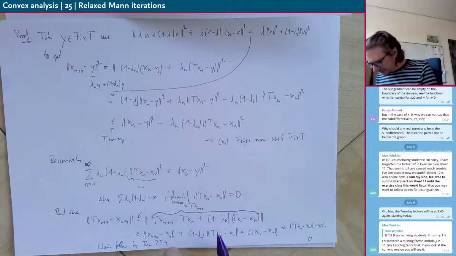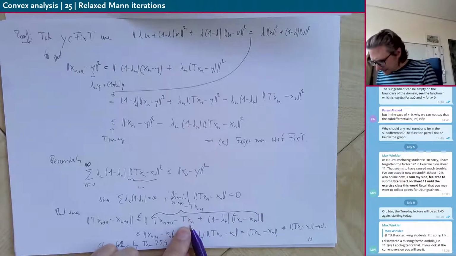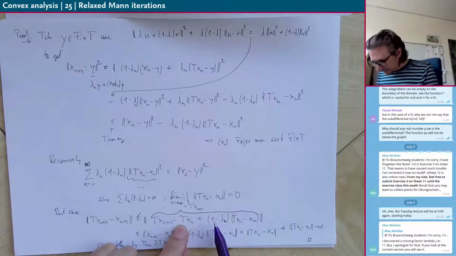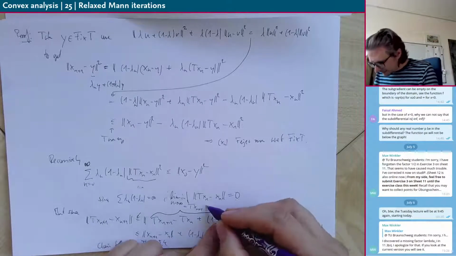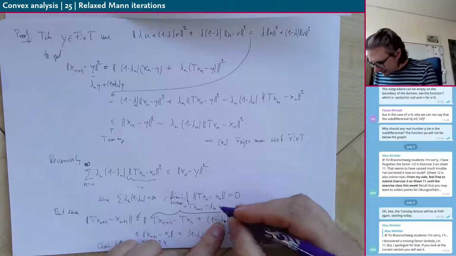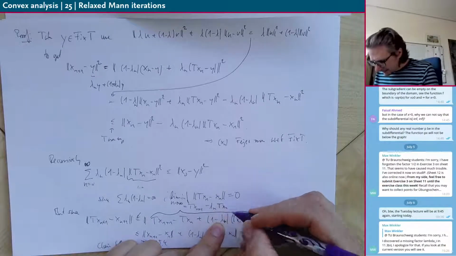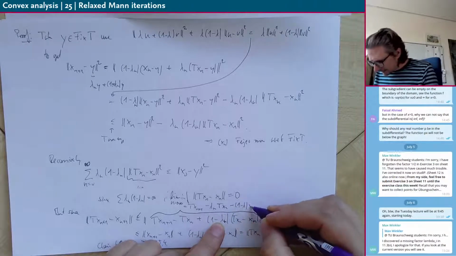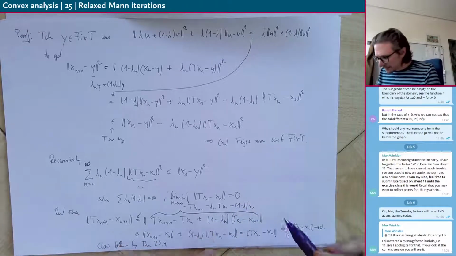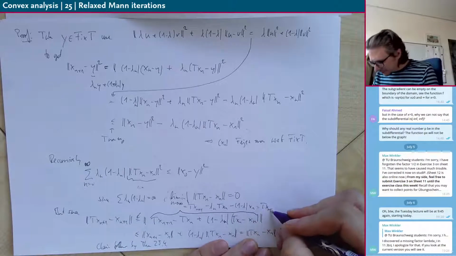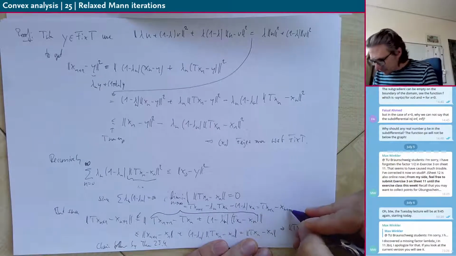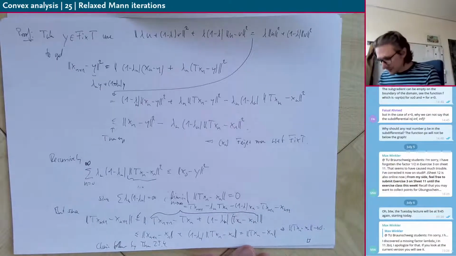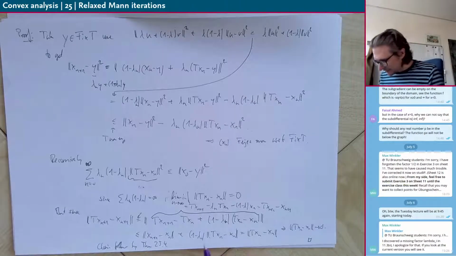And then we have here txn negative, txn positive from the 1, which is gone. Then we have minus lambda n txn. And also we have minus 1 minus lambda n xn. Oh yeah, okay. And then we see that this is exactly txn plus 1 minus xn plus 1. It was just plugging in the iteration. Okay, so sometimes I'm too blind. And then the rest is clear.